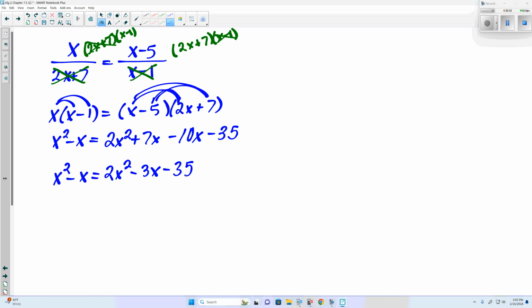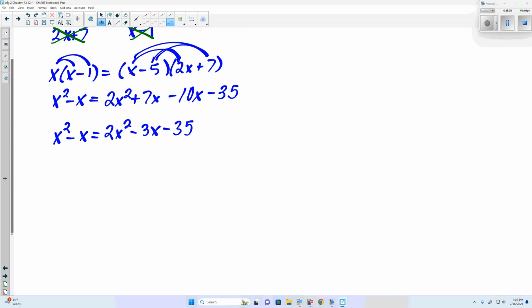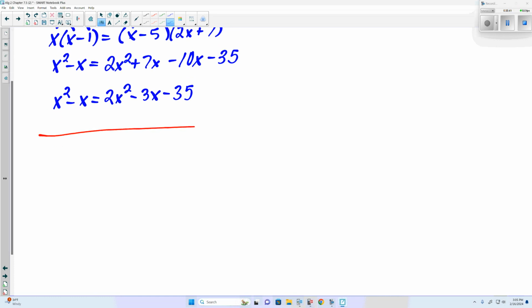Well, we do have x squared terms, so we have to get this thing equal to what? 0. Well, the first thing I can subtract is x squared. I could have subtracted the negative, or added the negative x first. It really doesn't matter. We just have to pick one or the other, because whichever one we don't pick, we do it next.